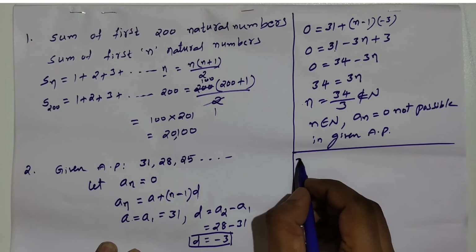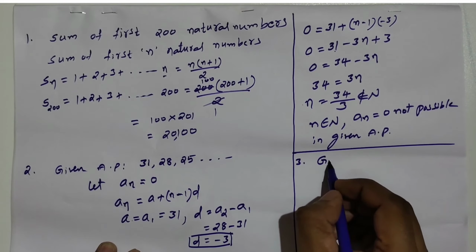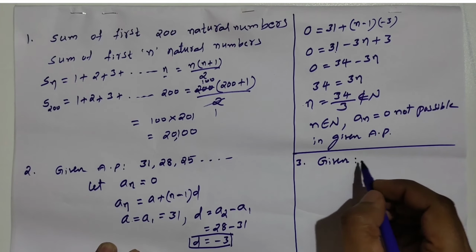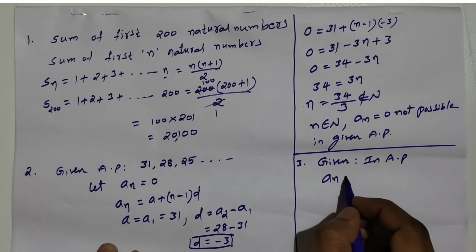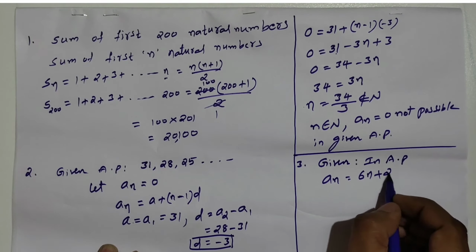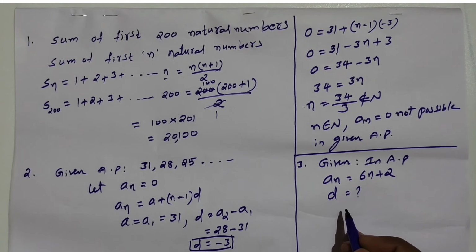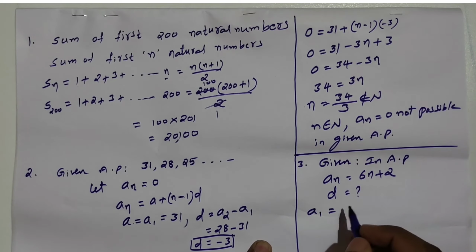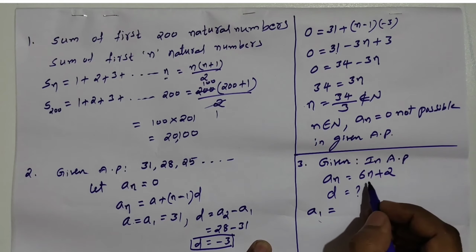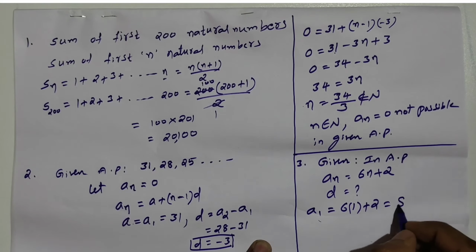Okay, and then next, third one: the nth term of the AP is 6n plus 2. So given, in the AP, an is equal to 6n plus 2. Now we have to find the common difference. For that we have to find just the first term and second term. A1 is obtained by substituting n is equal to 1: 6 into 1 plus 2, 6 plus 2, 8.